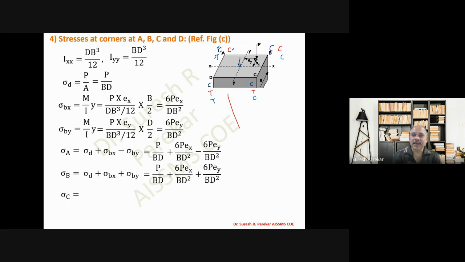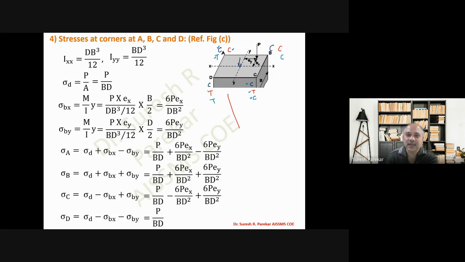Now sigma C, due to P we have compression. Then due to Mx, we have tension, so minus. Due to My, we have compression, so plus. And then sigma D, due to axial we have plus. Due to Mx, we have minus. And due to My also, we have minus.